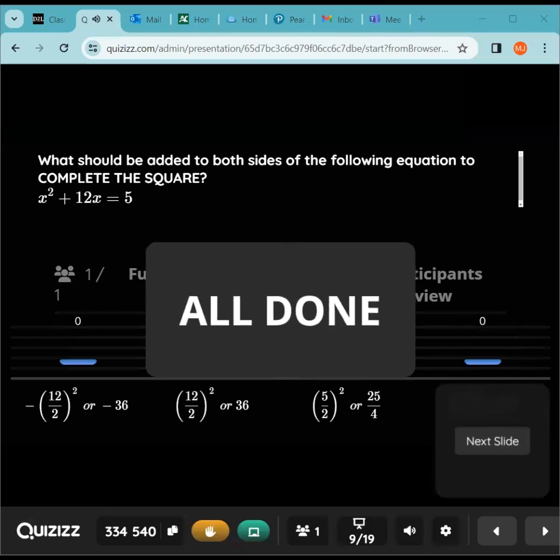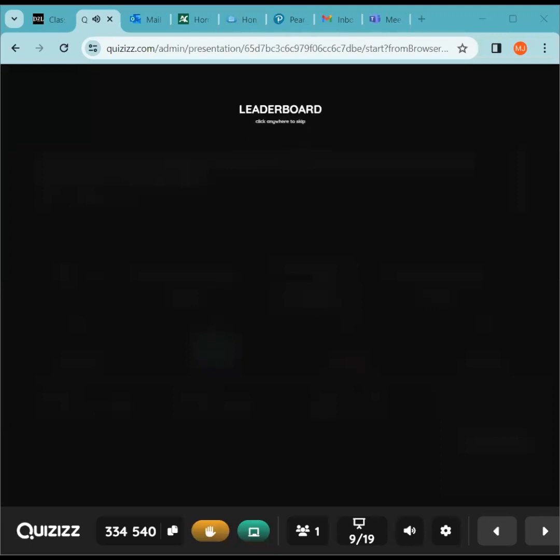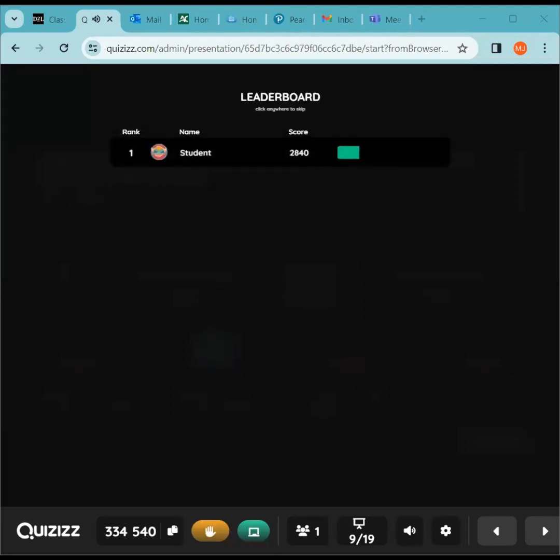So 12 divided by 2 squared, or 36. You take the 12, divide by 2 and square it. That's what you'd have to do to start completing the square.